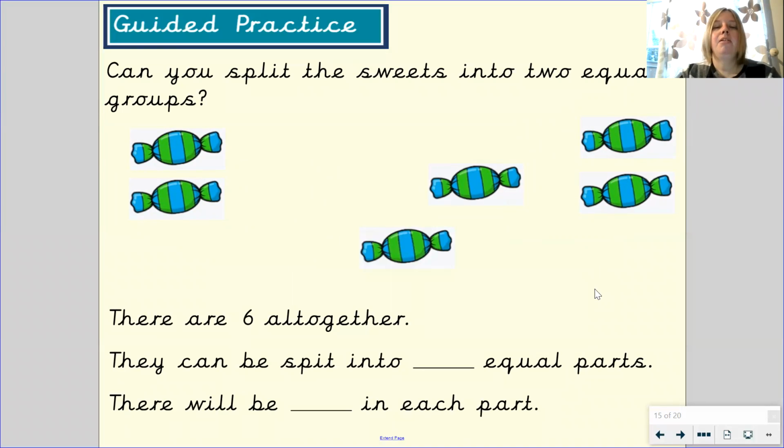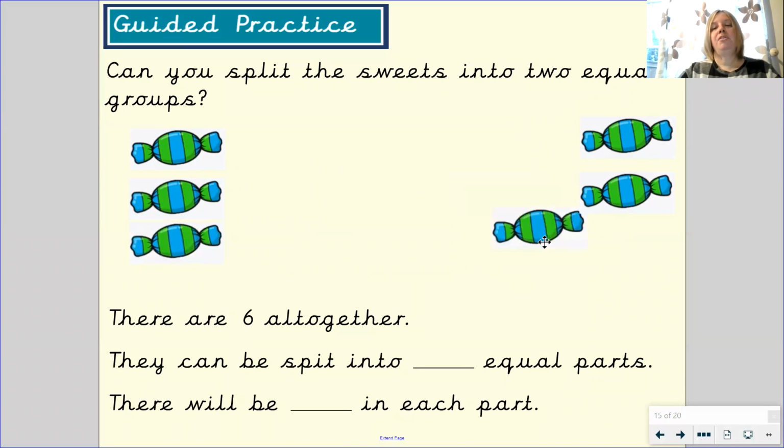Then I'm going to put another sweet over here and another sweet here. Now there are 3 sweets in each group. Each group is equal because they have the same number of sweets.